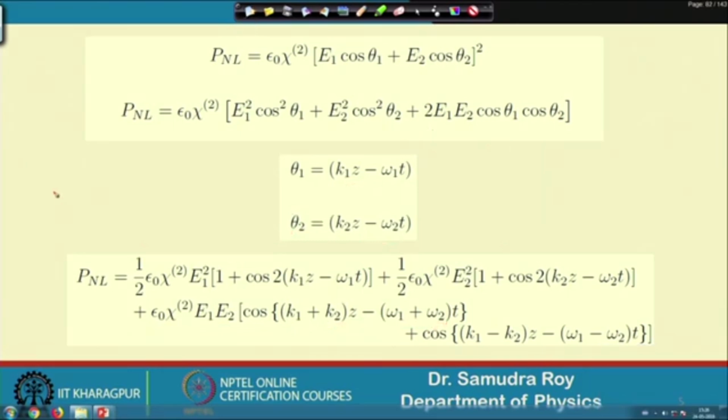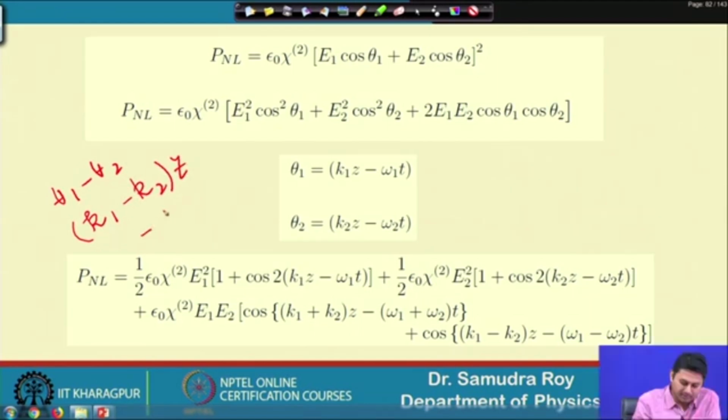If I do theta 1 minus theta 2, it eventually gives me (k 1 minus k 2) z minus (omega 1 minus omega 2) t.